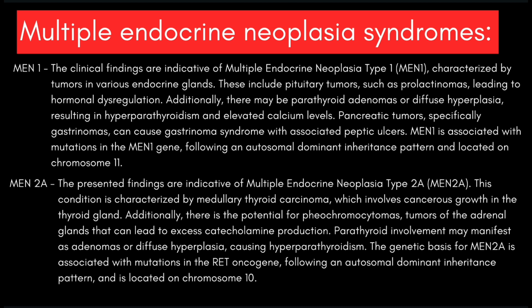Parathyroid involvement may manifest as adenomas or diffuse hyperplasia, causing hyperparathyroidism. The genetic basis for MEN2A is associated with mutations in the RET oncogene, following an autosomal dominant inheritance, and is located on chromosome 10. So MEN1 is chromosome 11, 2A is chromosome 10.